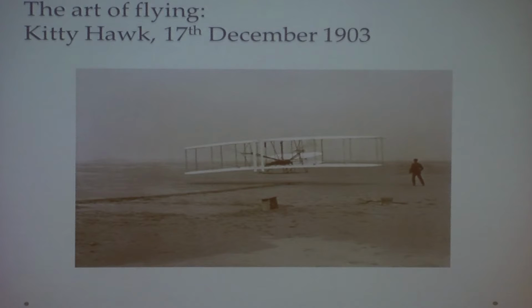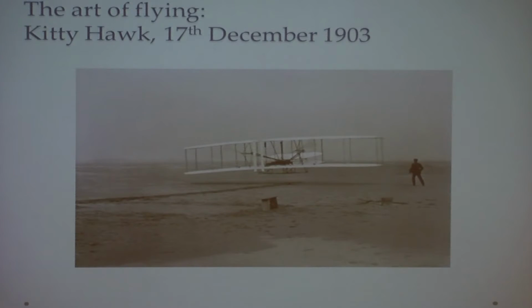But during their first designs, they noticed that if you try to change the course of the aircraft by moving just the rudder at the end, there, it will roll like this and it will crash.